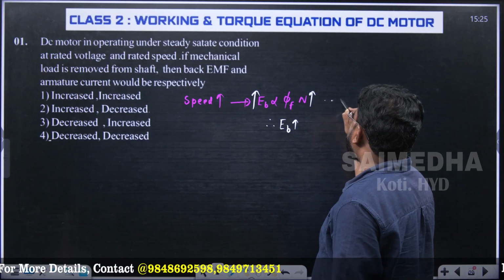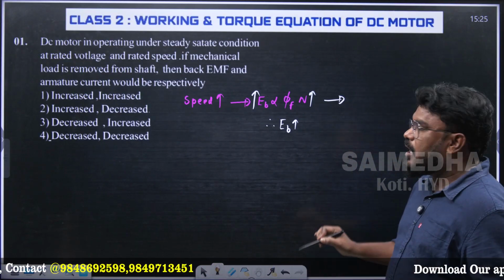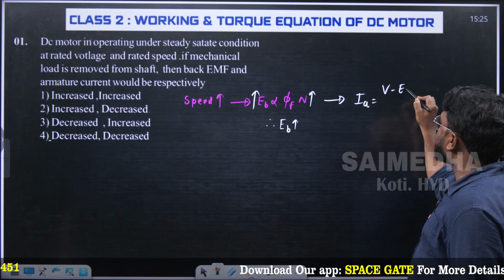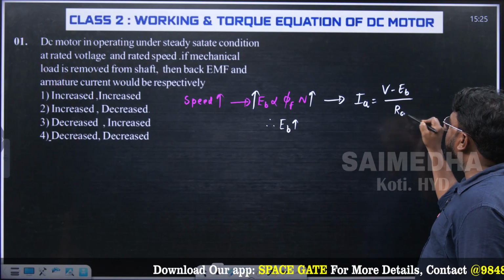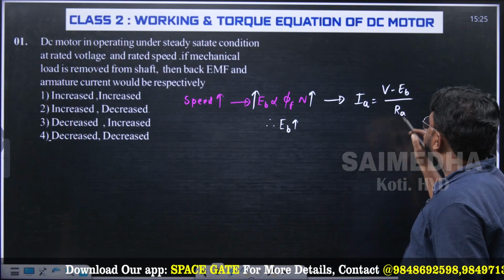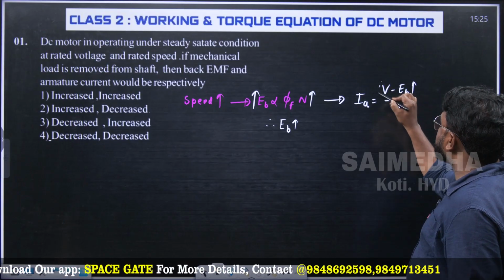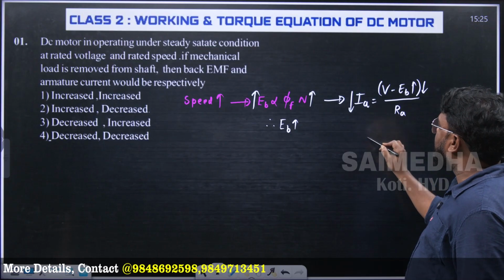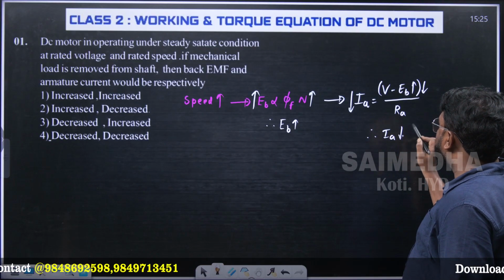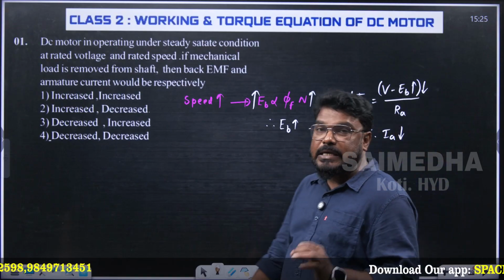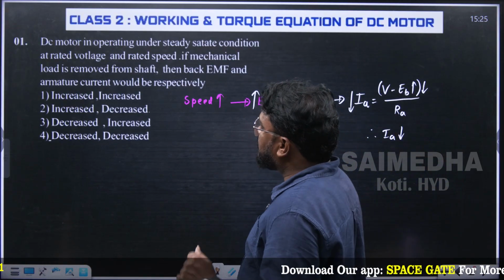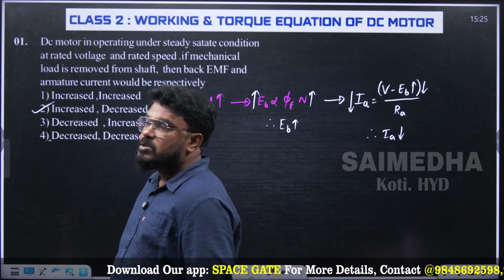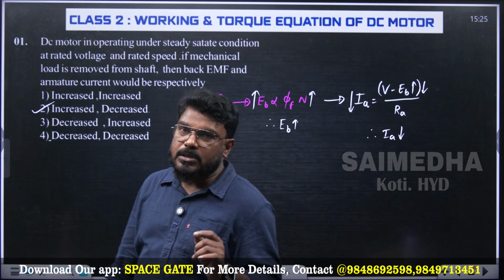When EB increases, what will happen to the armature current? Armature current IA is equal to V minus EB divided by armature resistance RA. Here back EMF increases, so V minus EB decreases, so the armature current will decrease. So an increase in back EMF decreases the armature current of the motor. The answer for this question is increased, decreased. So option 2 is correct.